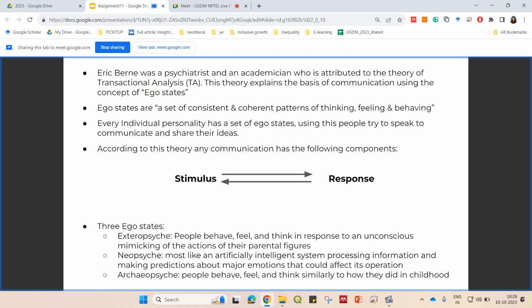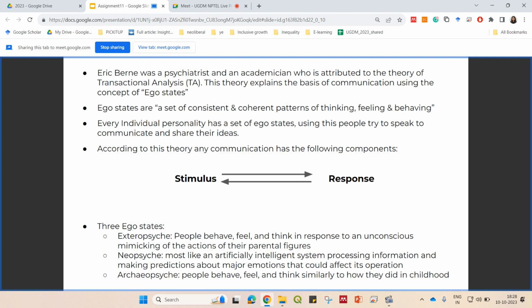Whenever a communication is happening, you can see how the people are communicating, and based on that you can identify what their psychological ego state is while having that conversation.